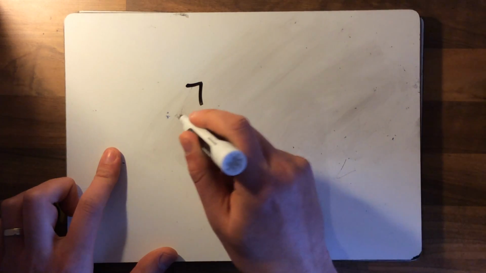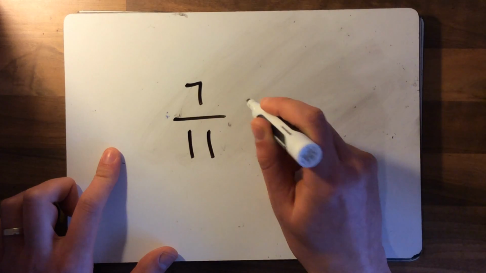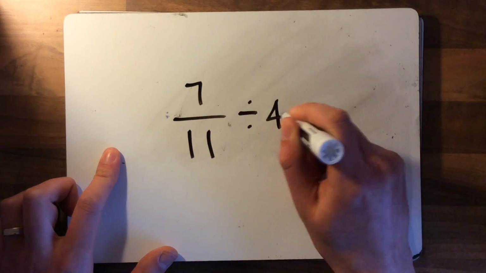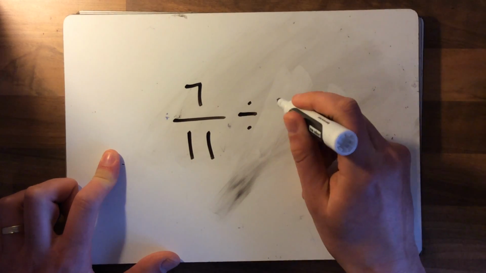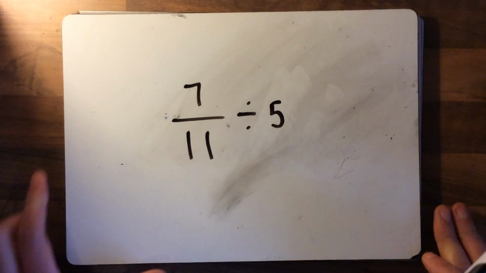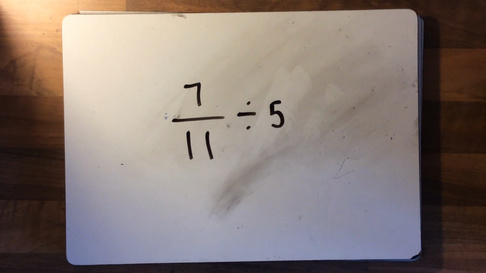So let's have 7/11 divided by, no, we won't do 4, we've done 4. Let's have a go at 5. So have a go at that one for me, please, Year 6.